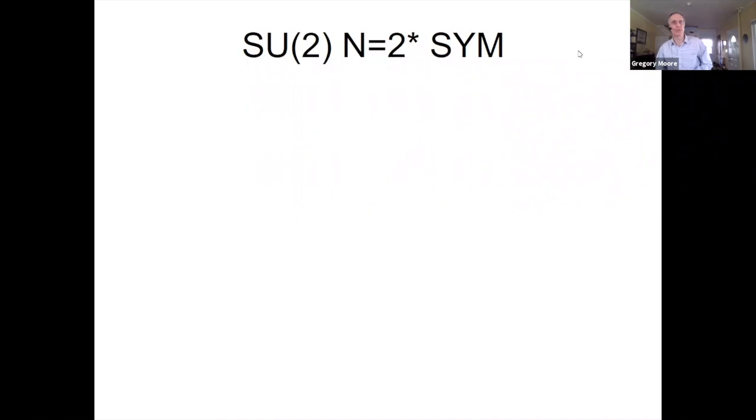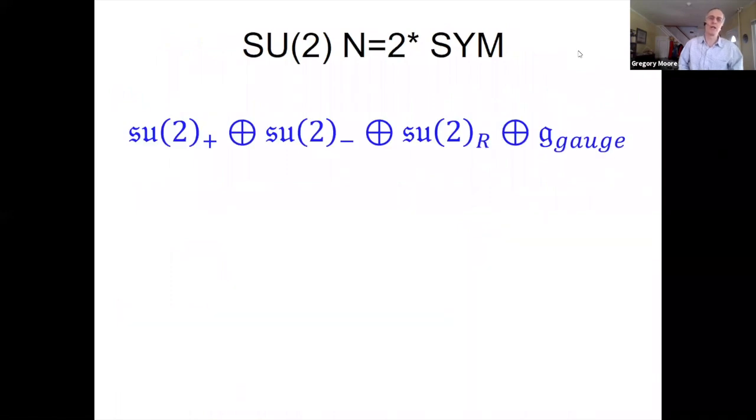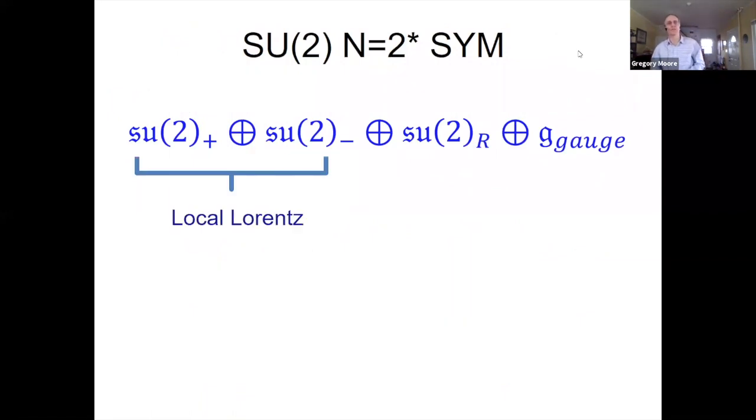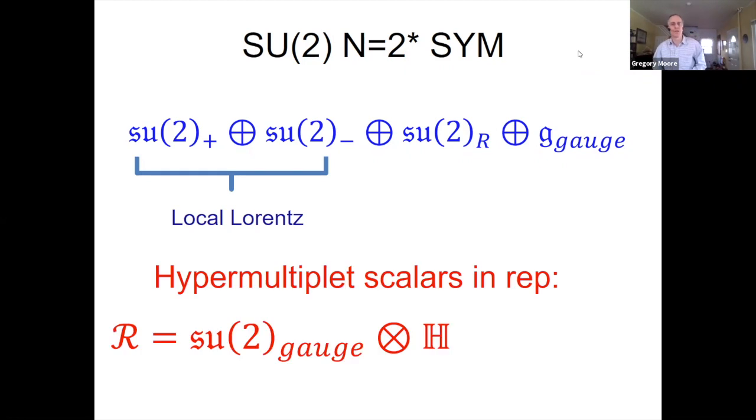Let me give you a quick reminder about N=2* supersymmetric Yang-Mills theory. So in the bosonic part of the Lie algebra of symmetries, there's an SU(2)+ and SU(2)- for local Lorentz transformations, an SU(2)_R symmetry, and if it's a super Yang-Mills theory, there's a gauge symmetry.